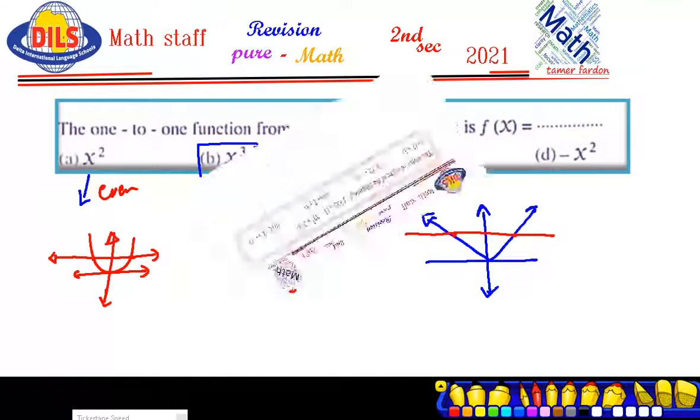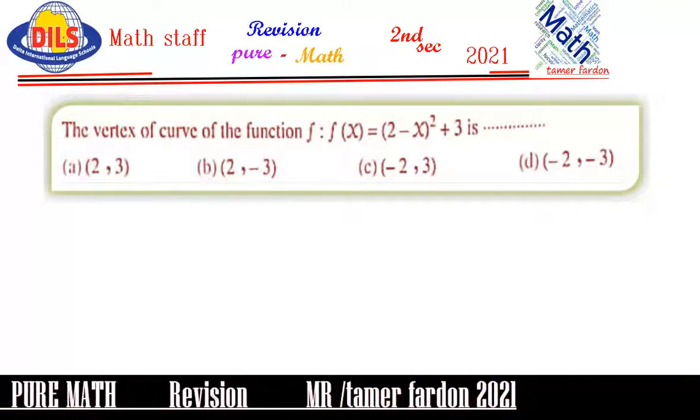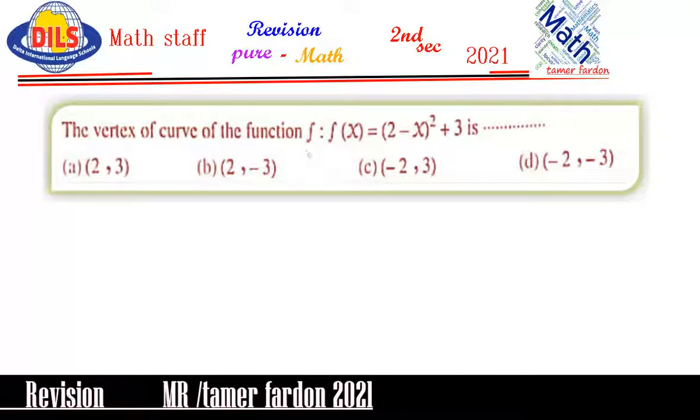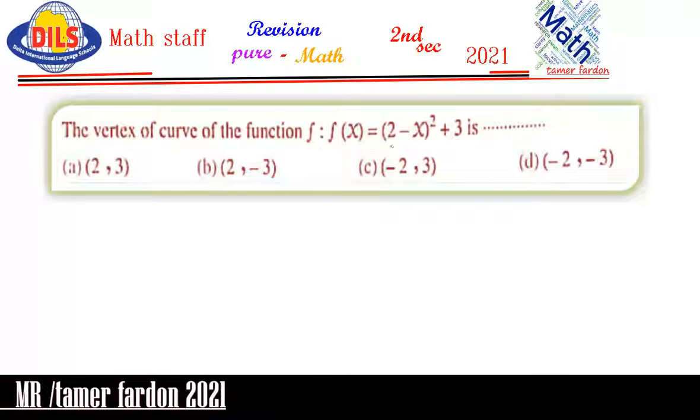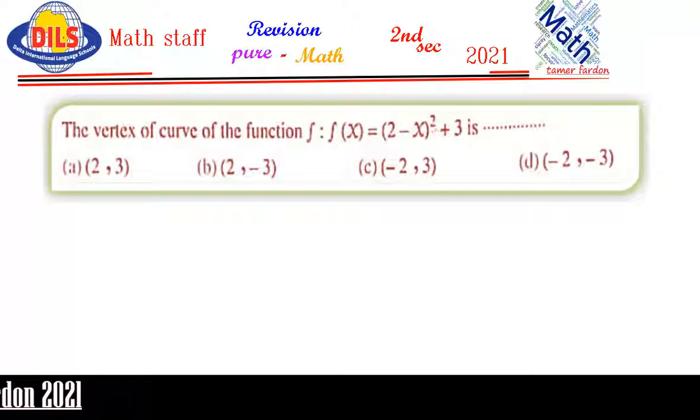The next: the vertex of the curve of the function f, where f of x equals 2 minus x power 2 plus 3, a quadratic function.